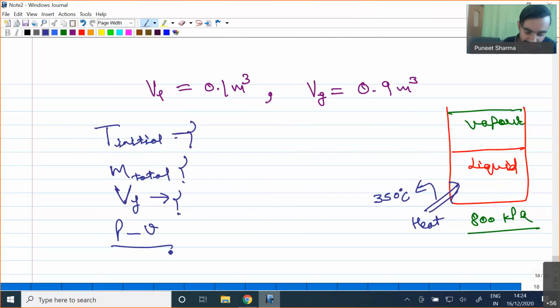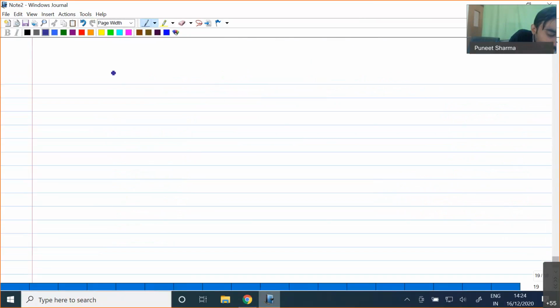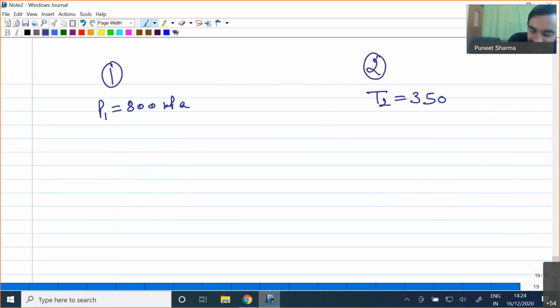Now let me take up how to approach this question. If you can clearly see, the conditions given are initial pressure, say 1 is the starting state and 2 is the final state. So P1 equals 800 kilopascals, and T2 equals 350 degrees Celsius. One additional piece of information is given: in state 1 we have a mixture of liquid and vapor, so liquid plus vapor.